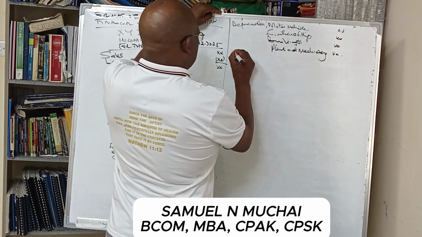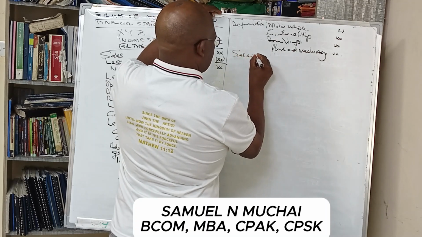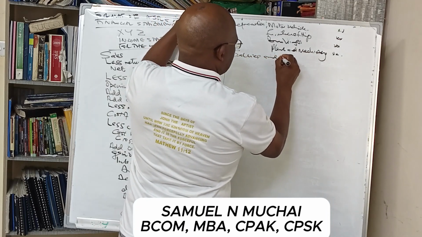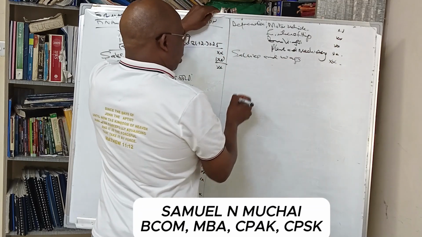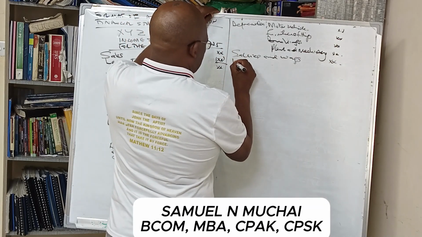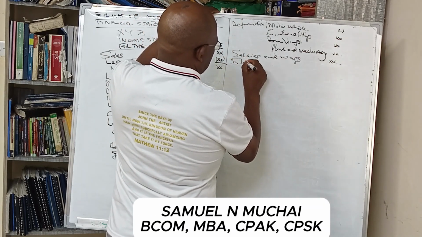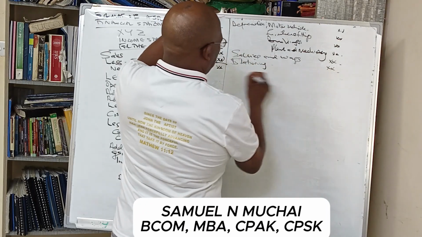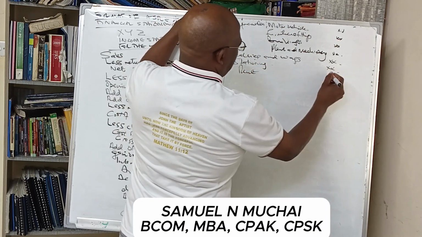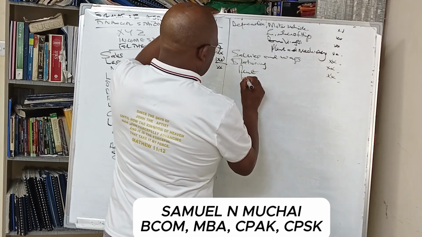We could be having salaries and wages. We could also be having stationery expenses. We could be having rent. We could be having the interest expense.